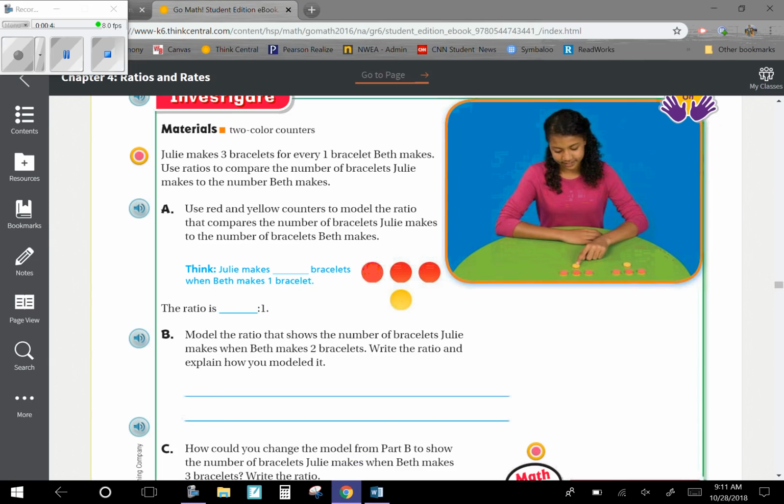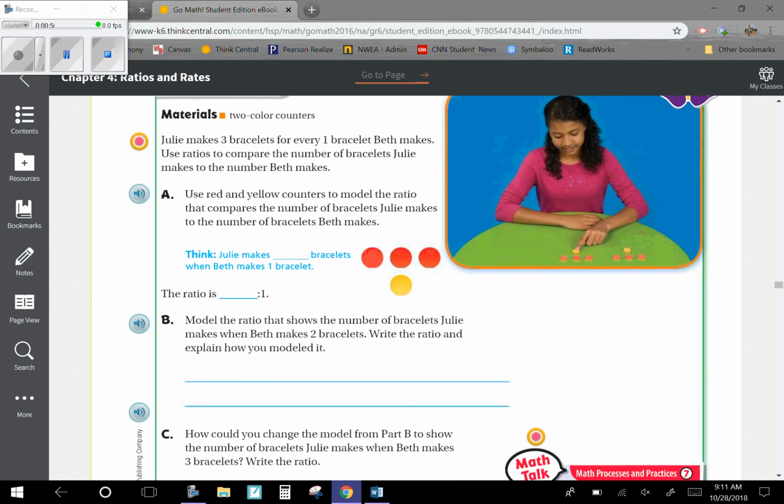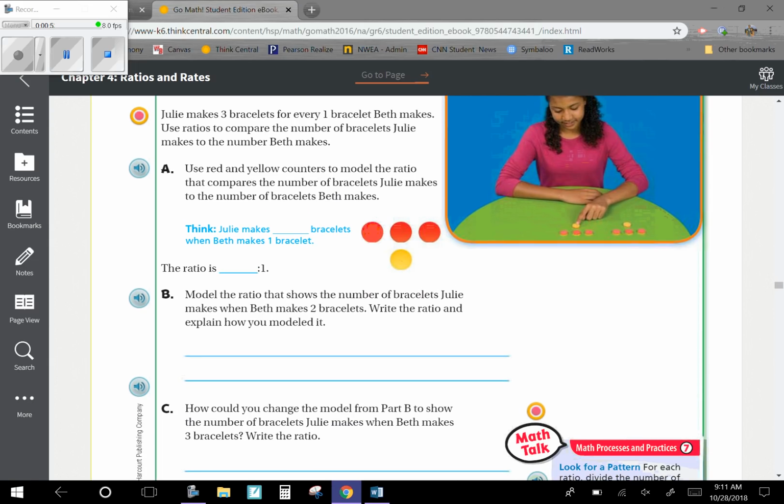Investigate. Materials: 2 color counters. Julie makes 3 bracelets for every 1 bracelet Beth makes. Use ratios to compare the number of bracelets Julie makes to the number Beth makes. Use red and yellow counters to model the ratio that compares the number of bracelets Julie makes to the number of bracelets Beth makes.